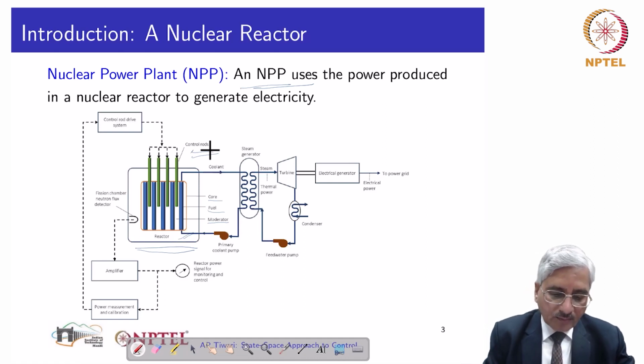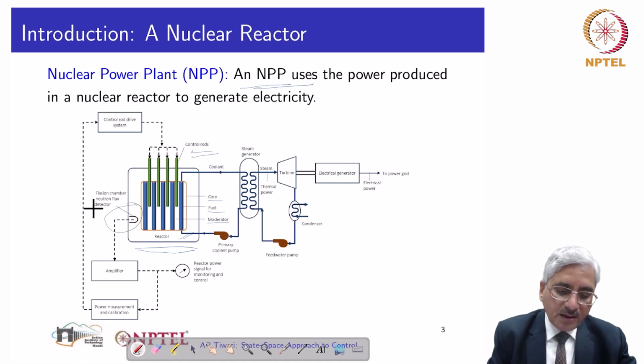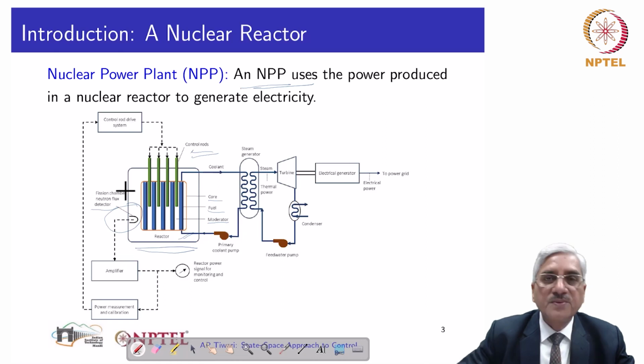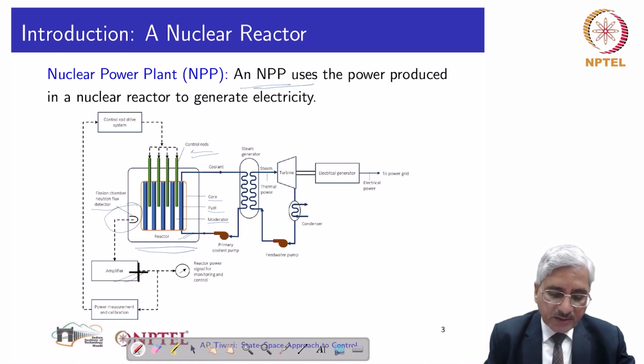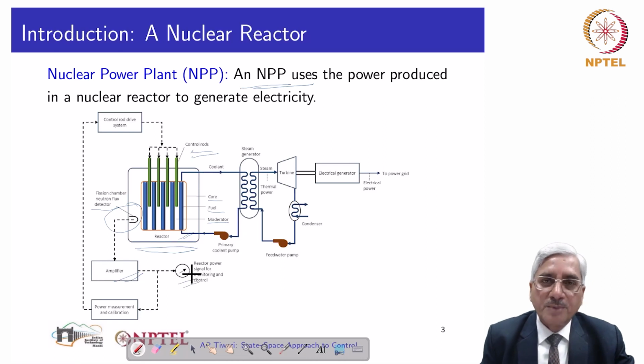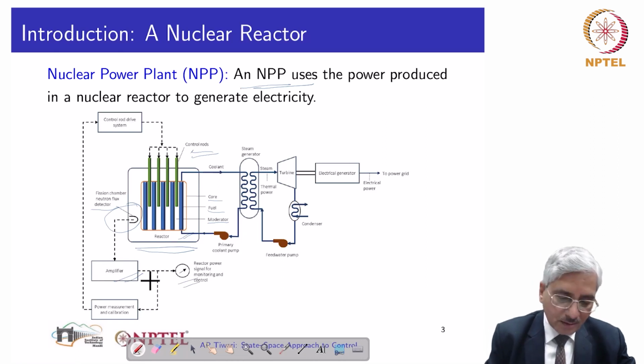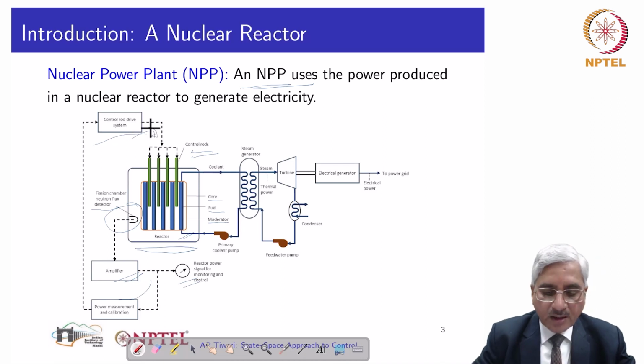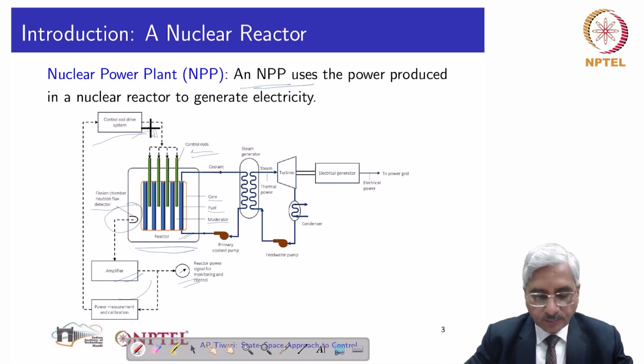And the neutron flux is sensed by detectors, which are usually fission chambers. And after amplification, it is sent to the control room for the purpose of monitoring and control. It is utilized through a control system. It drives the control rods.